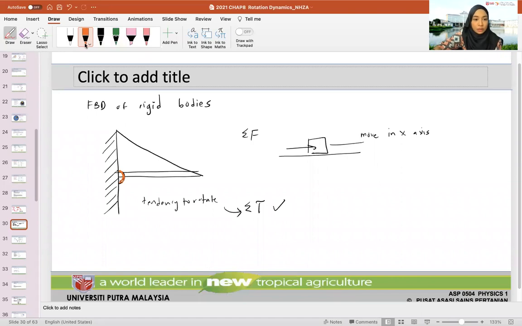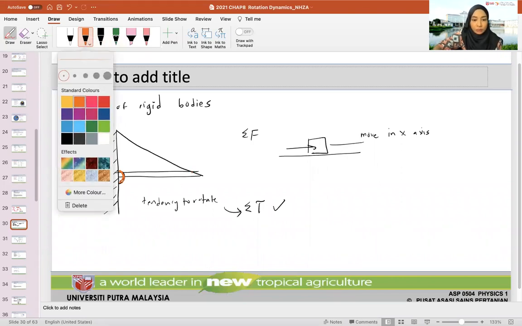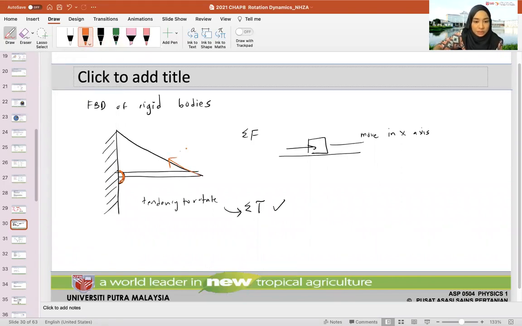Now, when we're talking about this beam, we would label our forces: T, tension, the weight of the beam, and also at the hinge we would call something R, the reaction force. Typically, we would resolve R into Rx and Ry.